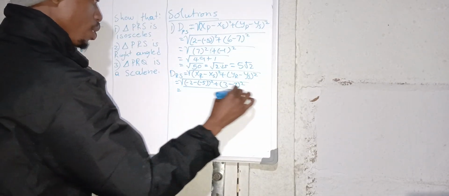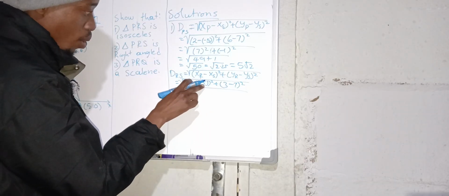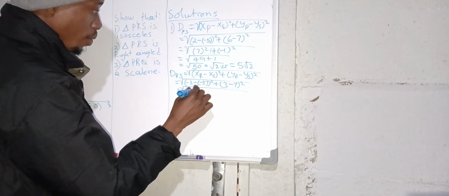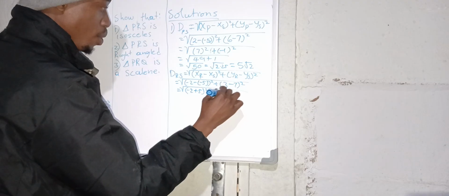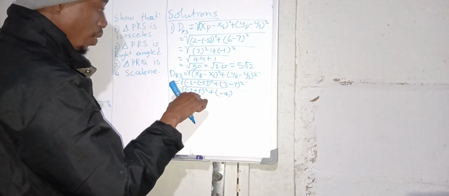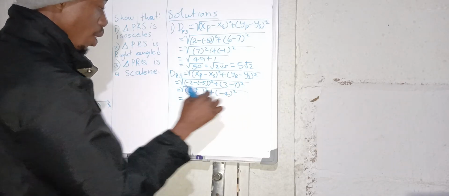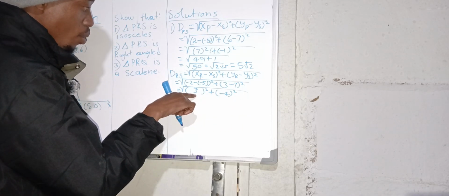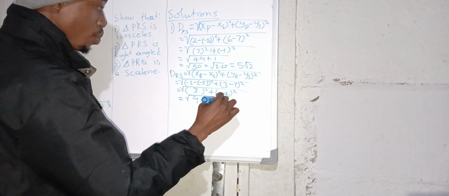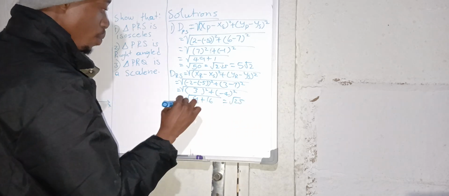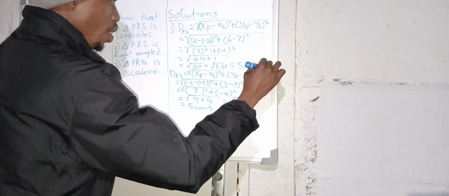We end up with positive 5 squared plus negative 4 squared. Negative 2 plus 5 is 5, so 25, and 3 minus 7 is negative 4, squared gives 16. Hence 25 plus 9 is the square root of 25, which is 5 units.